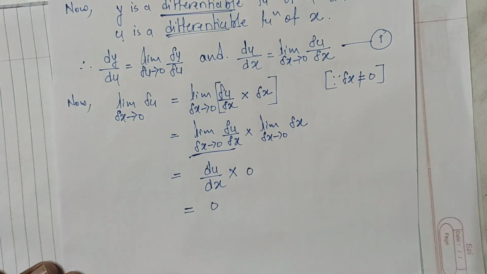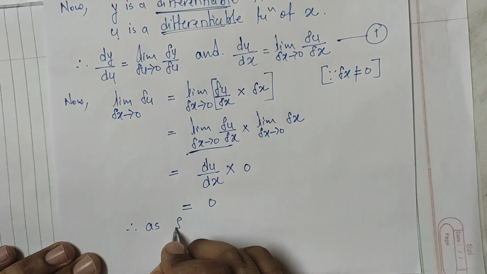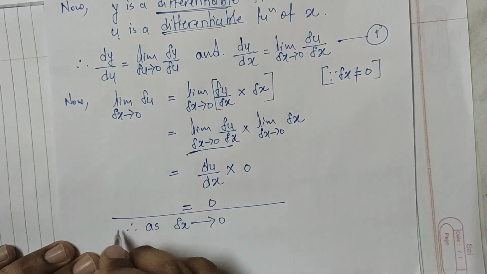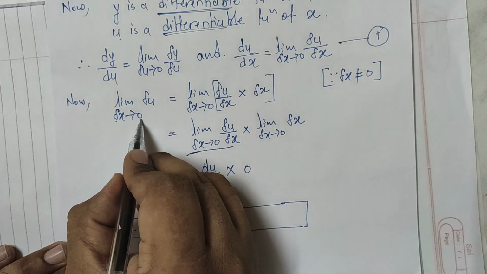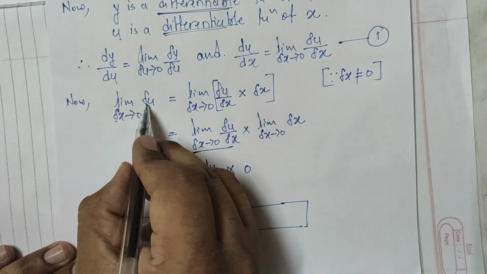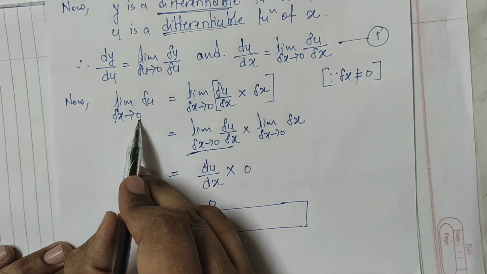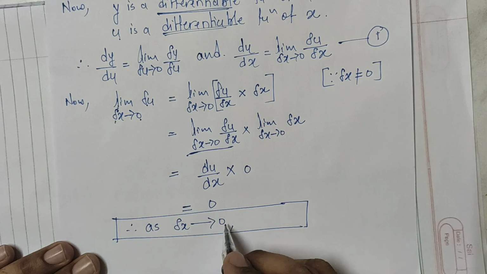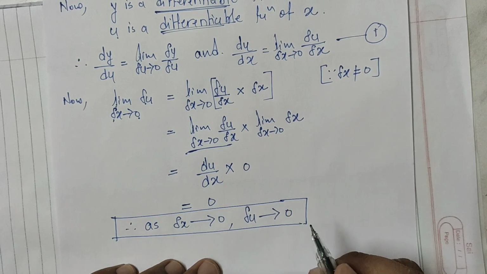So the limit of delta u is also 0. When delta x tends to 0, delta u also tends to 0.